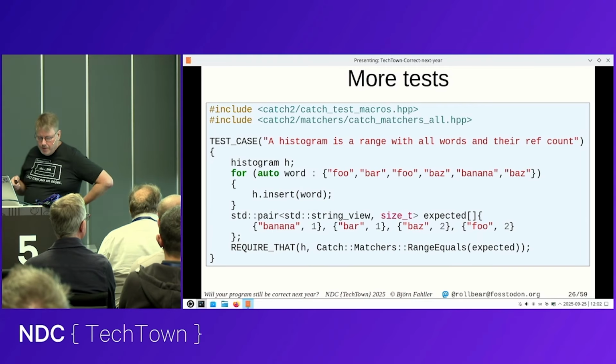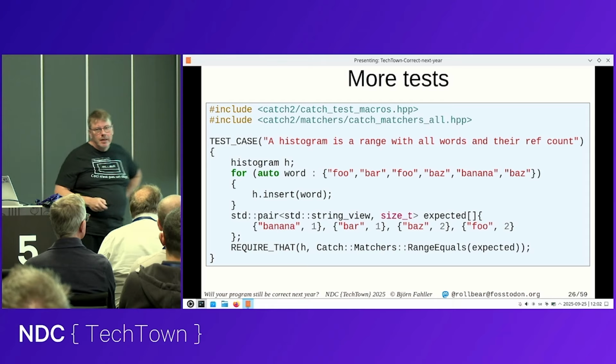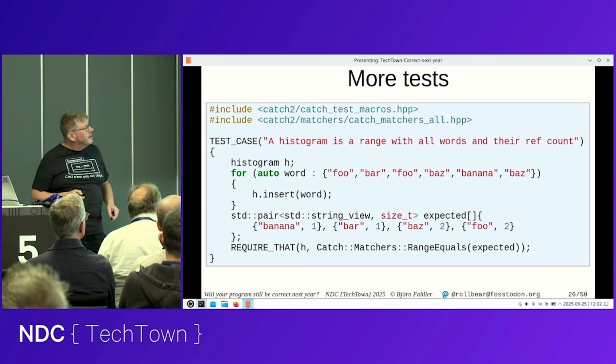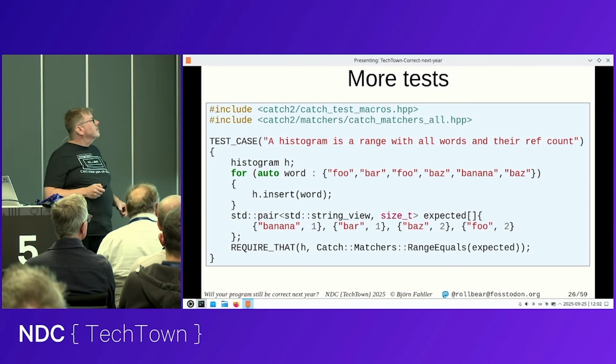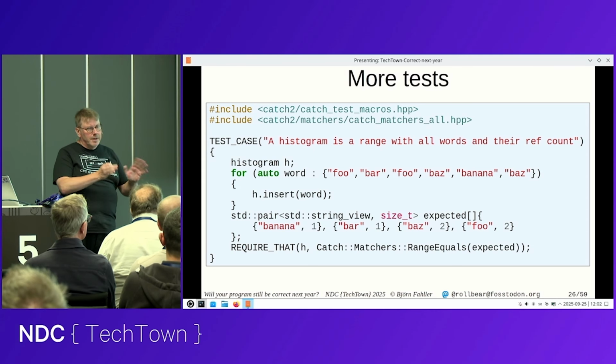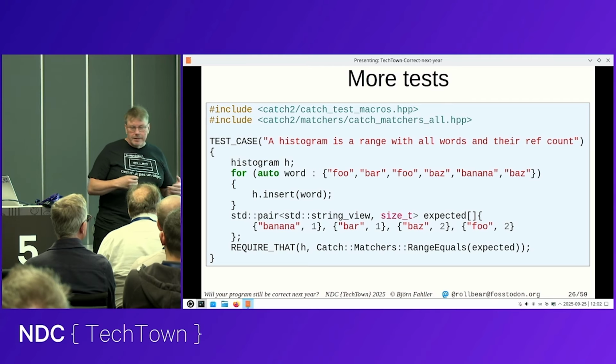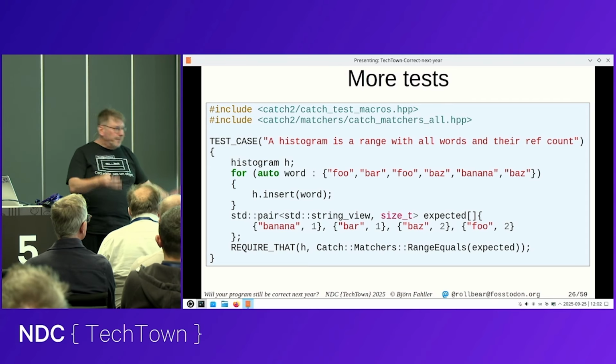So I'm changing to a new test framework, Catch 2. Catch 2, well, obviously different headers. Simple tests in Catch 2 and in doctest look exactly the same. Catch 2 has more.